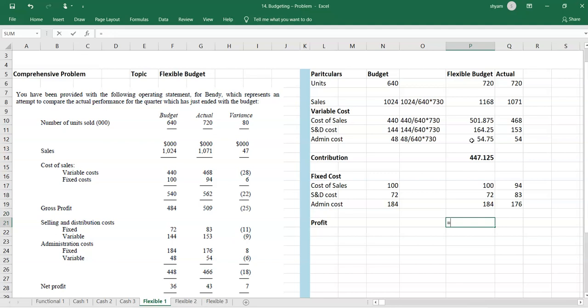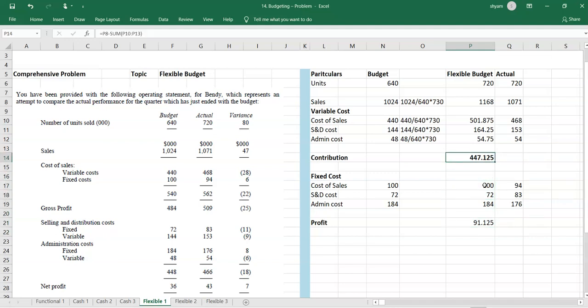The profit would be this number minus the fixed costs. Okay, so profit is 91.25. It should have been 91.25.